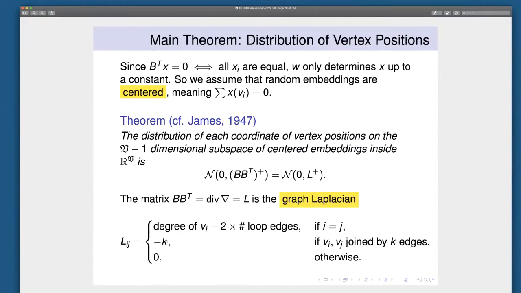Off the diagonal, you count the net number of edges connecting the two vertices. So if some go from i to j and others go from j to i, remember all our edges are oriented, then they can cancel in pairs, but we're left with some net number of edges going from one to the other.